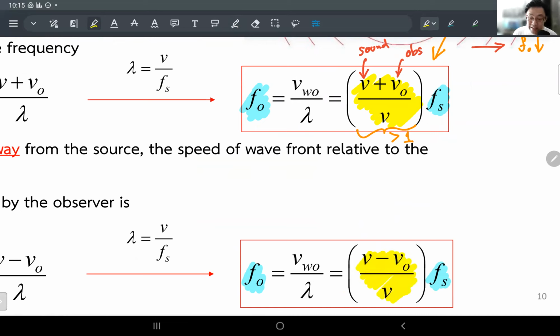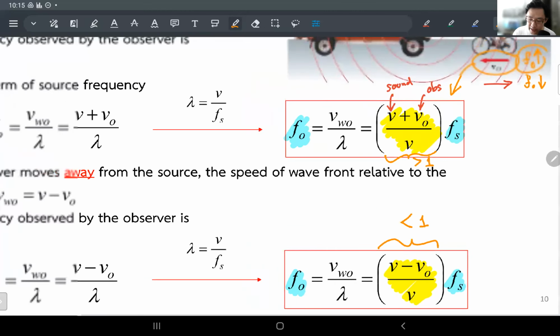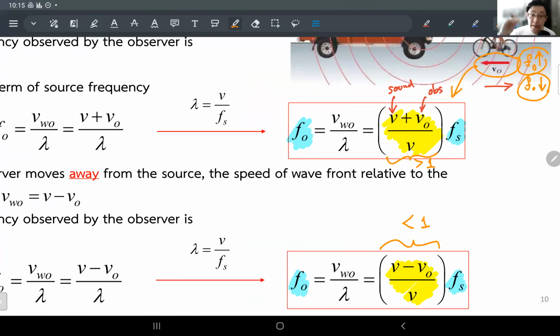You have the negative sign in it. So in this case, the bracket is going to have a value less than 1. You guys with me? That makes perfect sense because in that case the frequency should be lower than the source. Keep this in mind.